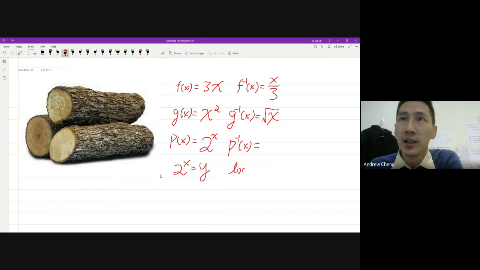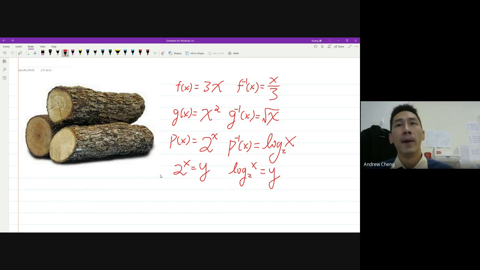So log with base 2 of y equals x. The inverse function will be log base 2 of x, and then you switch y and x, so x and y. Okay, so let's start.